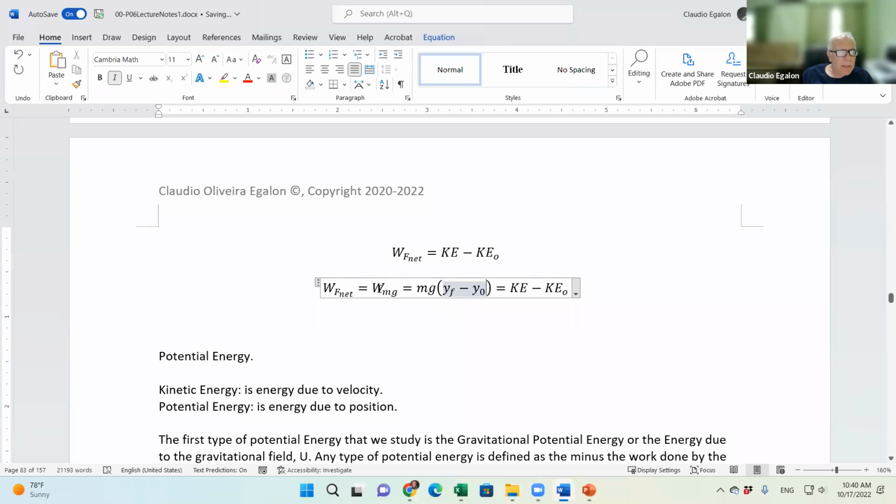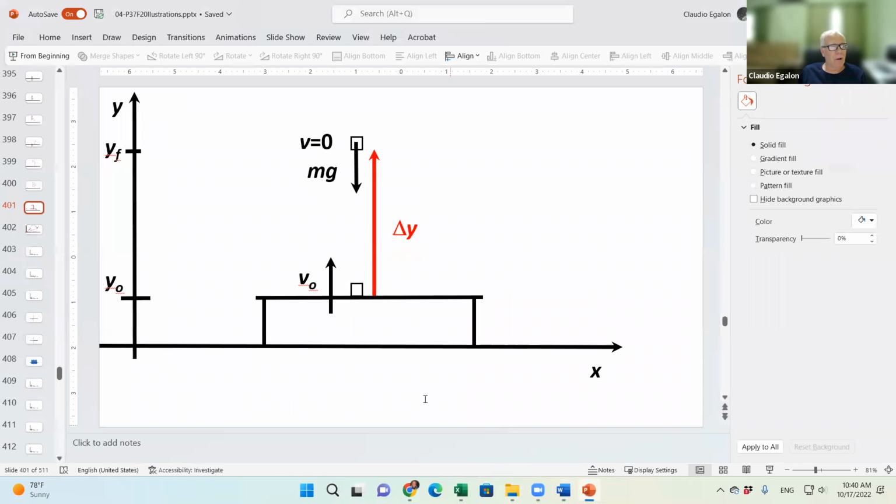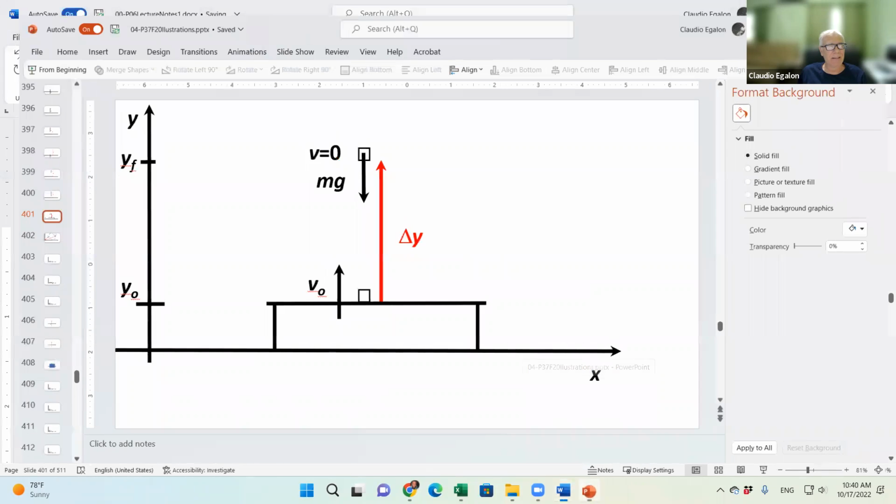Wait a minute. The work done by the mg is going to be minus that, right? Because the object is moving upwards, remember? Going from here to here, the work done by the mg is going to be negative, right? Make sense?